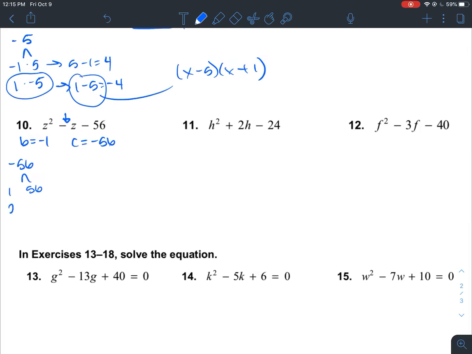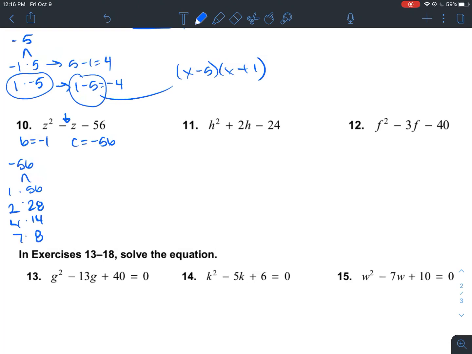It would have to be 2 and 28, where one of those is negative. It could be 4 and 14. Or it could be 7 and 8.